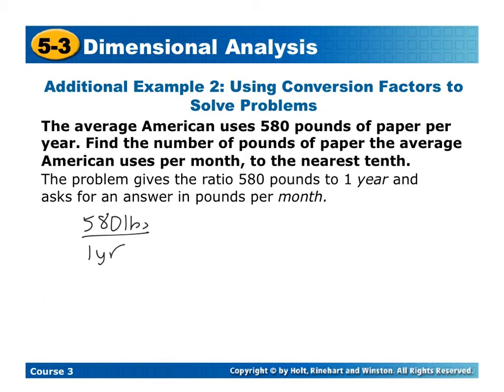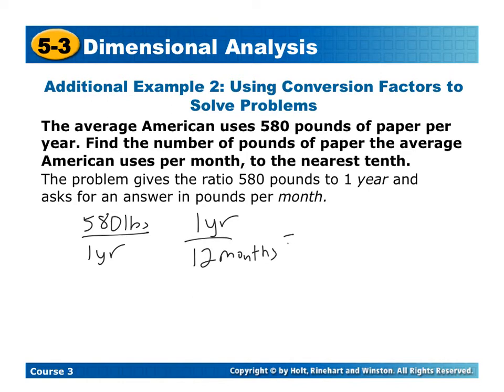And since we are changing to pounds per month, we have to change from years into months. So here, because years is on the bottom, we have to think about putting it in the opposite spot of where we want it.